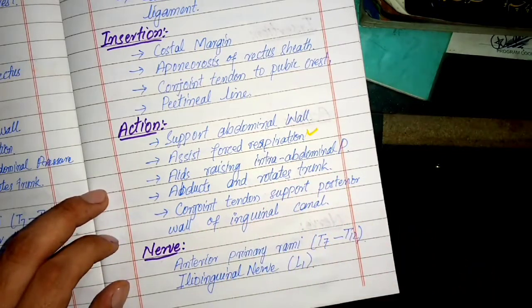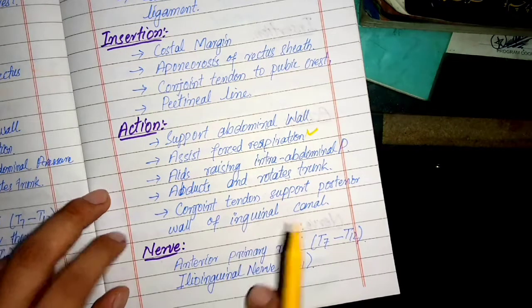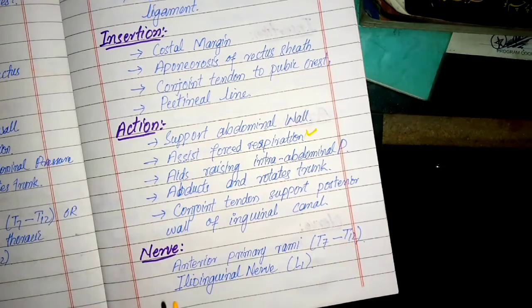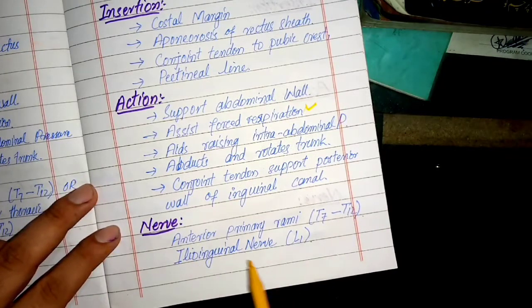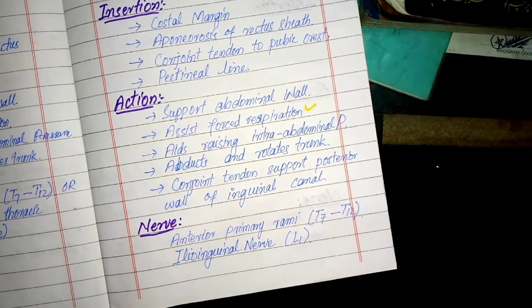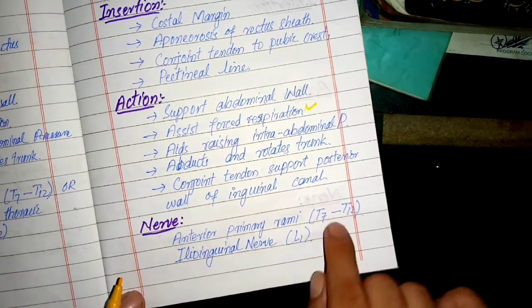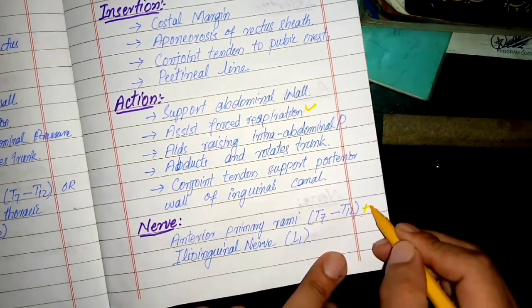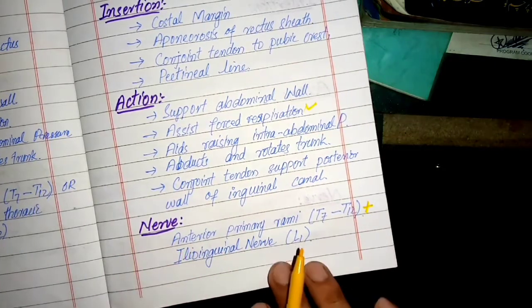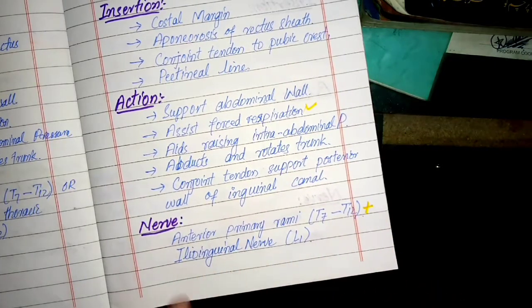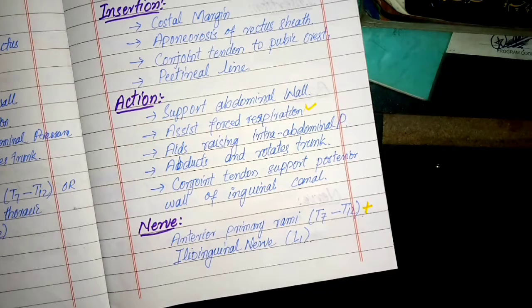The conjoint tendon supports the posterior wall of the inguinal canal. Its nerve supply is from two nerves: the first is the anterior primary rami and the second is the ilioinguinal nerve.